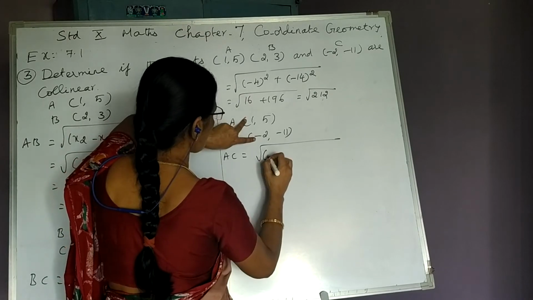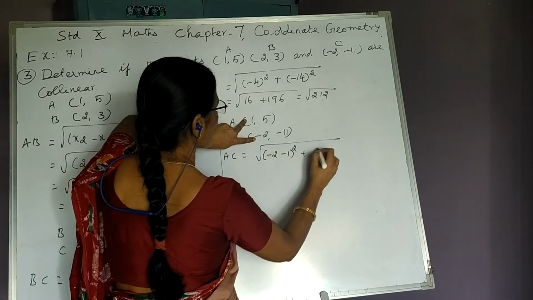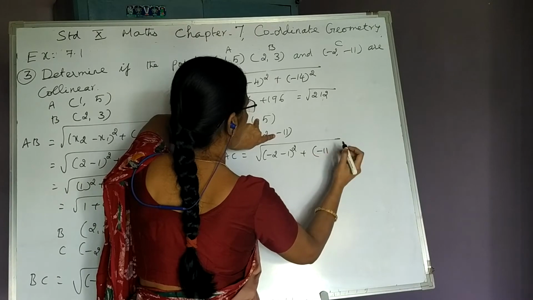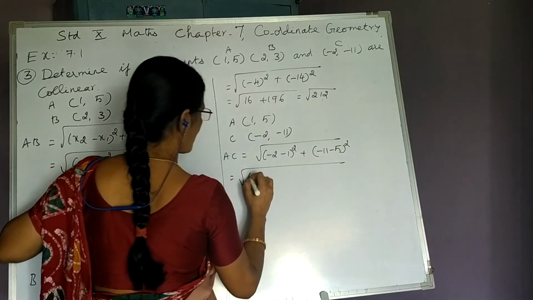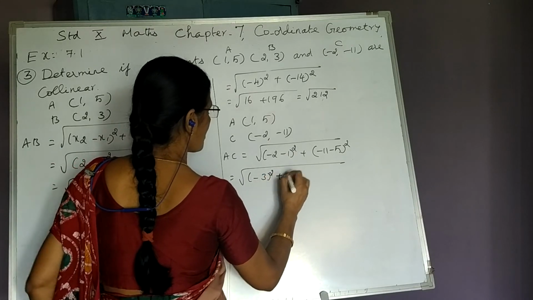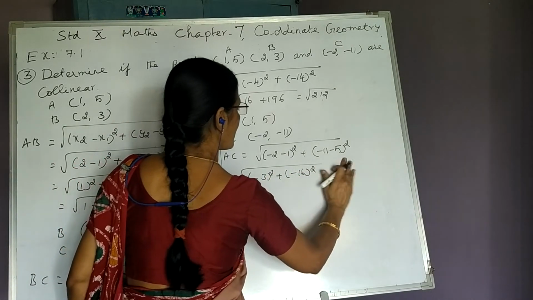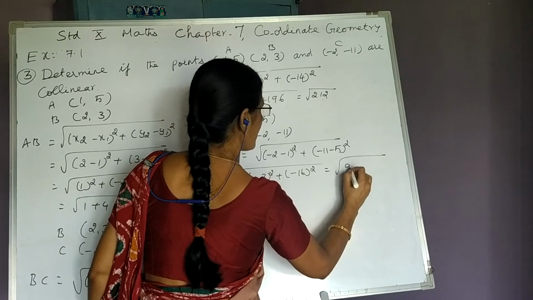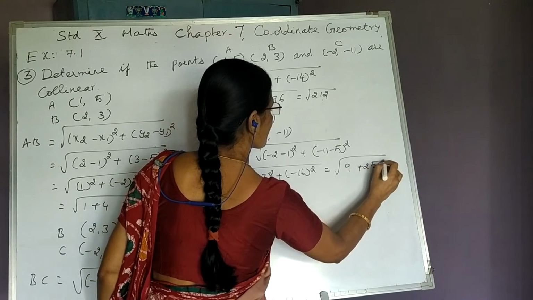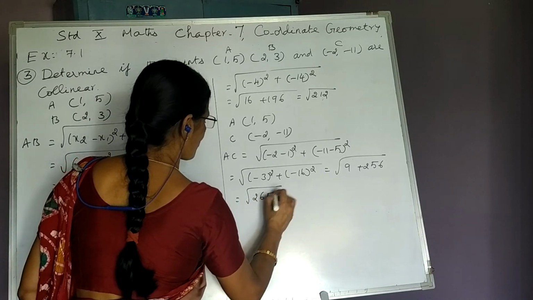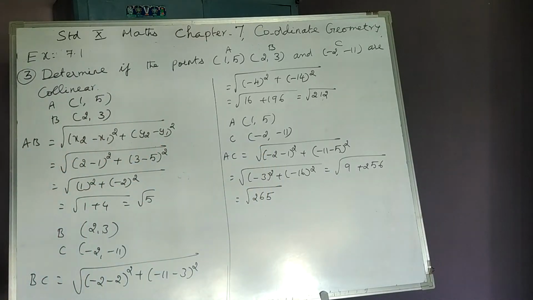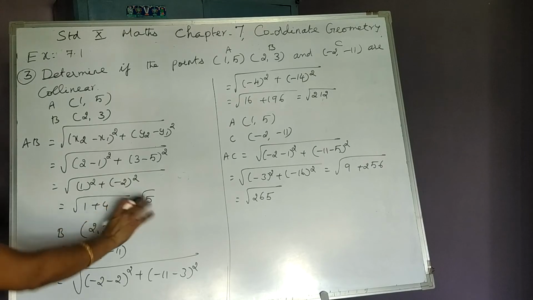Difference of these two, (minus 2 minus 1) the whole square. Difference of the y coordinate, (minus 11 minus 5) the whole square, which is (minus 3) square plus (minus 16) square, which is equal to 9 plus 256, root of 265.